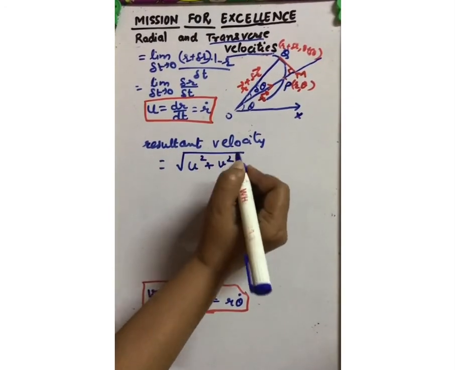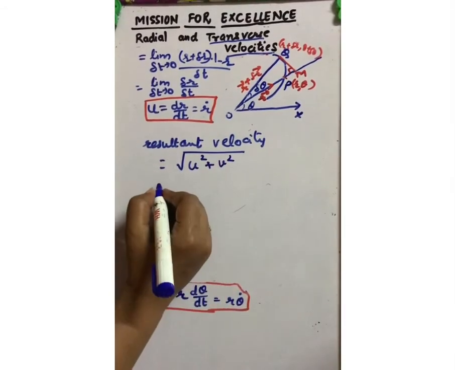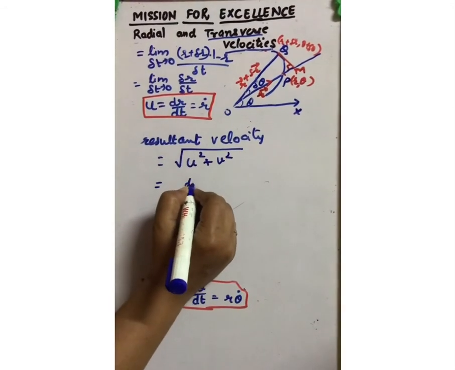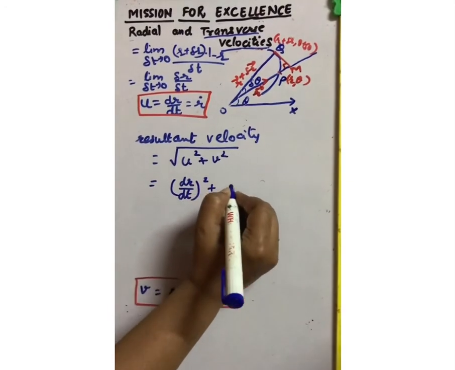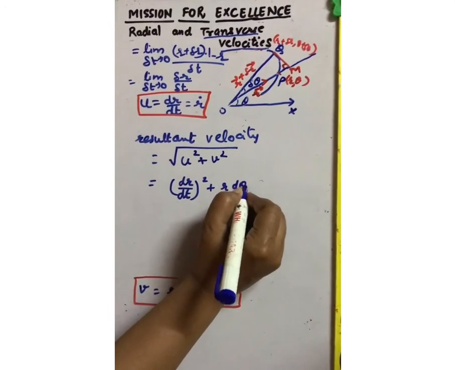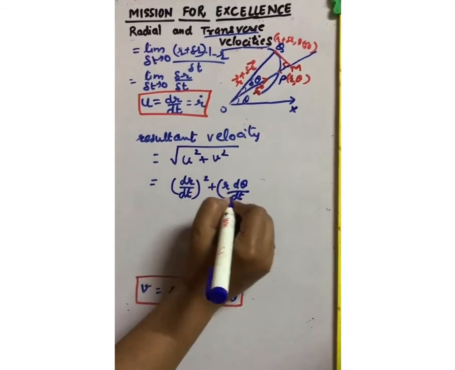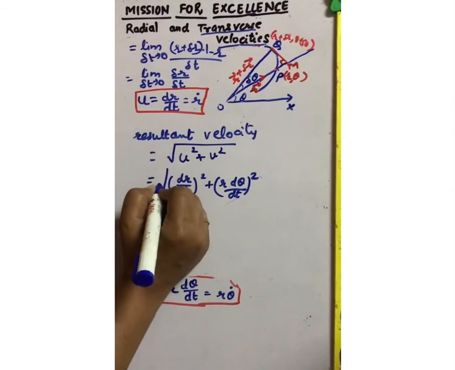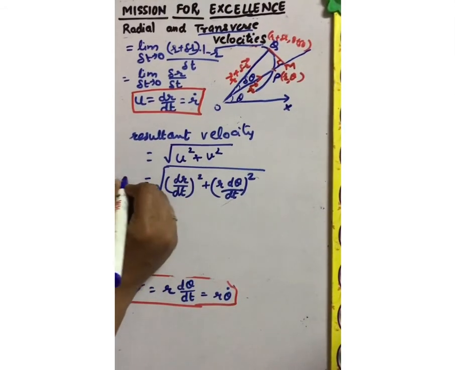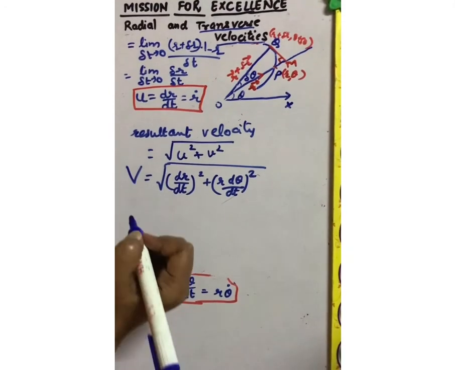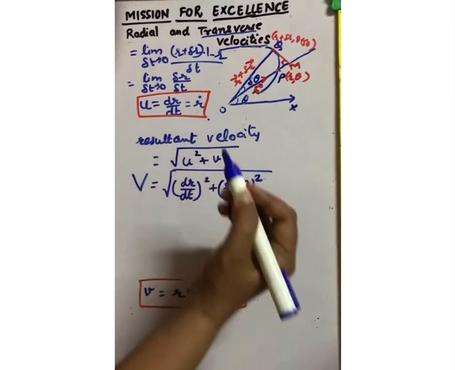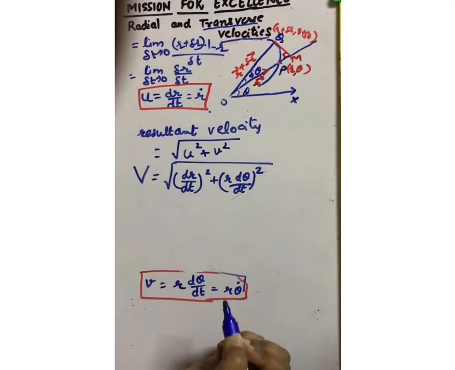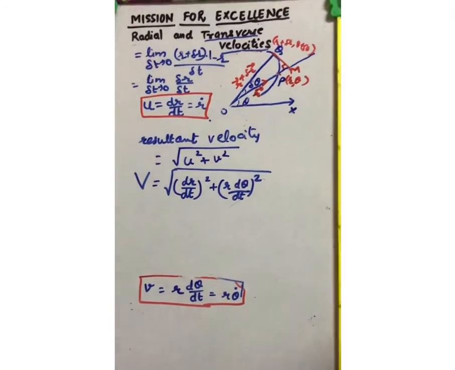We take the square of both components, then u square is dr by dt whole square plus r d theta by dt whole square and take under root. So this is the resultant velocity. Let us take it capital V. So this is the net velocity and this is the radial component and this is the transverse component of the velocity.